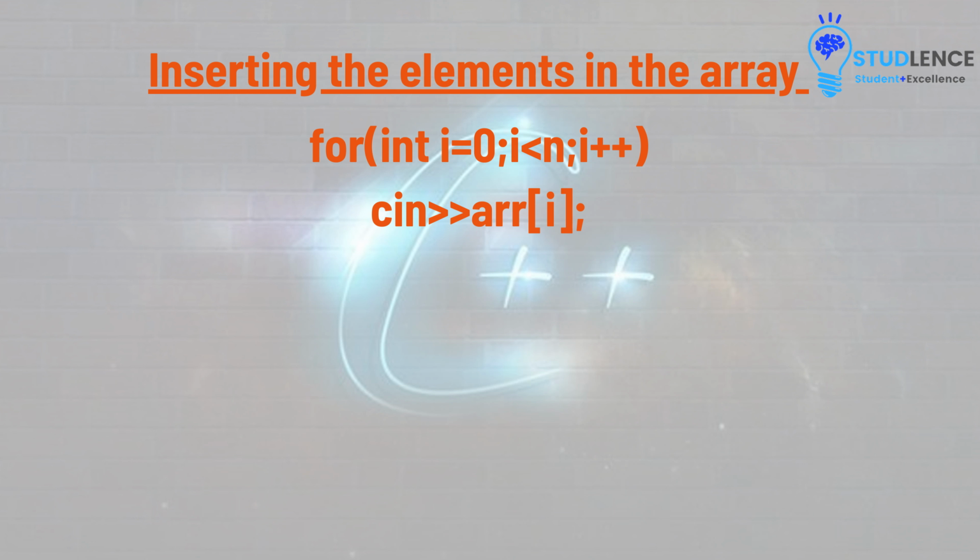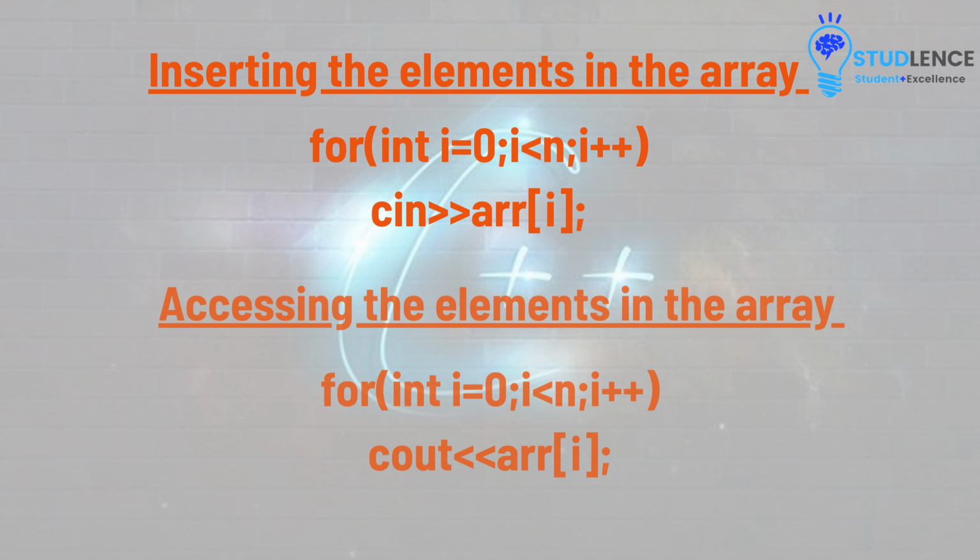Now coming to accessing the array elements. To access them, we use the index of the array elements. Here we have used index 2 to access the third element of the array, because by default the indexing starts from the 0th position.